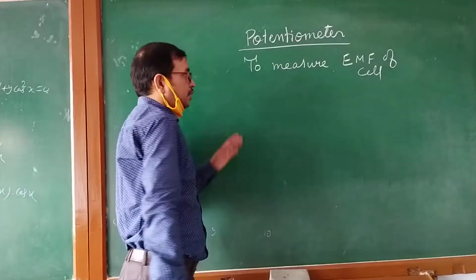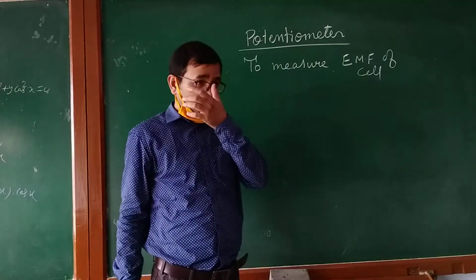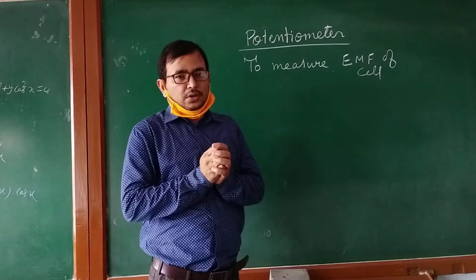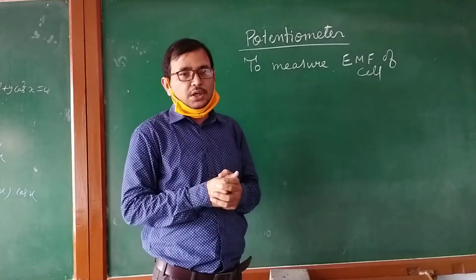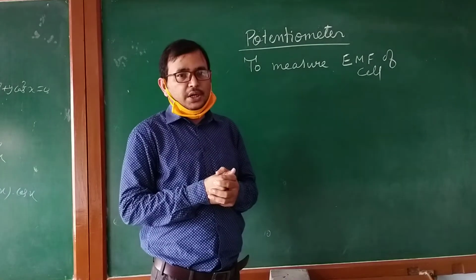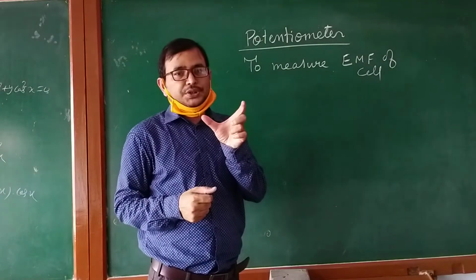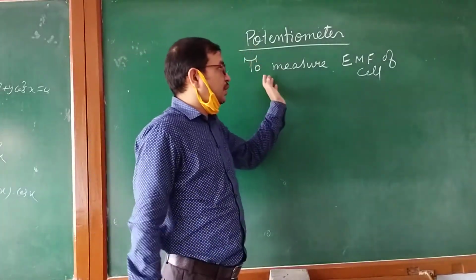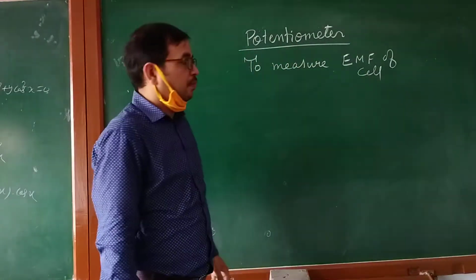So to measure the EMF, we use the potentiometer. Voltmeter cannot be used because EMF means no current must be drawn, and a voltmeter is always drawing some current from the cell. If some current is drawn, then it will not measure the EMF but the terminal voltage. So a voltmeter is used for measuring the terminal voltage while a potentiometer is used to measure the EMF.